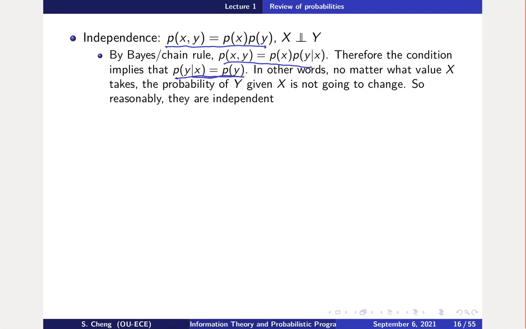It's very natural to interpret: think of p(y given x) as p(y) parameterized with some parameter x. No matter what x I give you, this is still the same as the original p(y). Therefore, x and y must be independent.